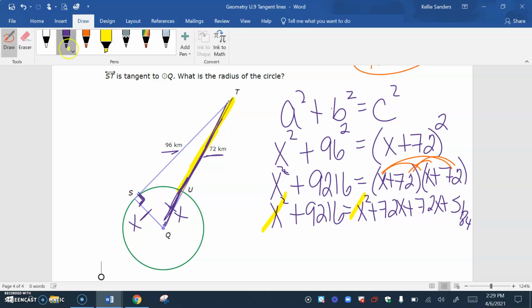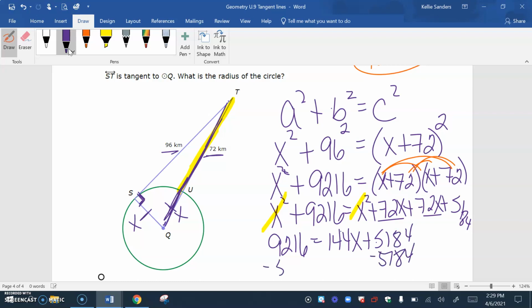Thankfully, the x squares cancel out, and on this side we're left with 9216. And then we have like terms, which would be 144x plus 5184. Subtract the 5184.